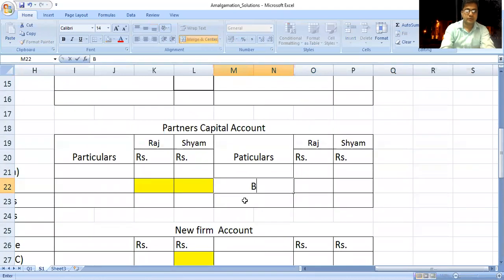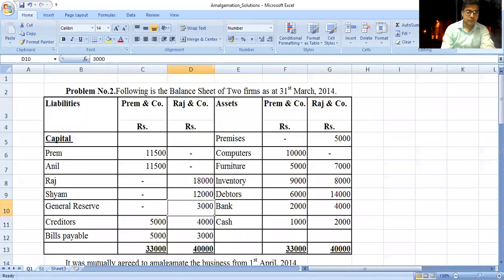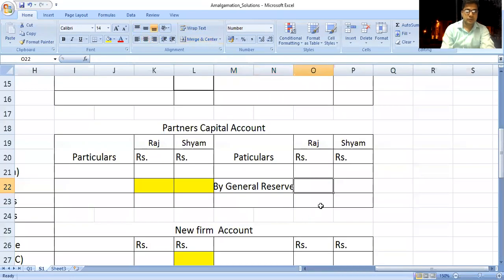So we will write here by general reserve, and the value of the general reserve is rupees 3,000. This particular 3,000 value we will distribute among the partners Raj and Sham as per their profit sharing ratio.